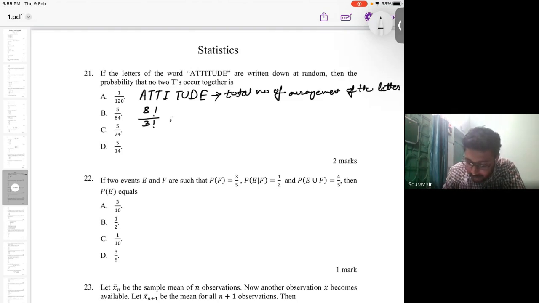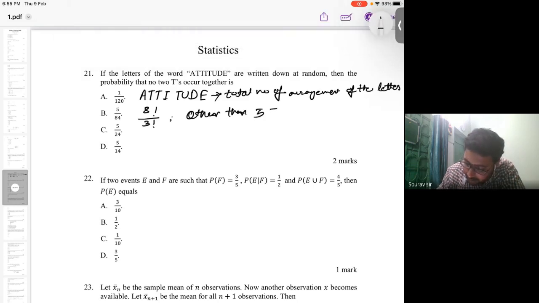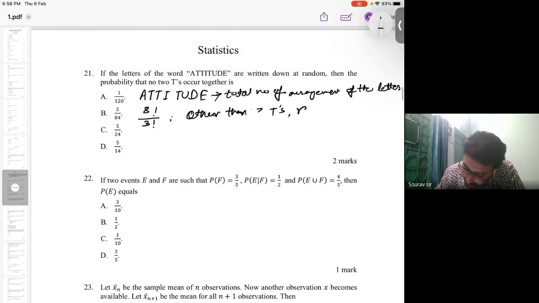Other than 3 T's, the remaining 5 letters can be arranged in 5 factorial ways, right?